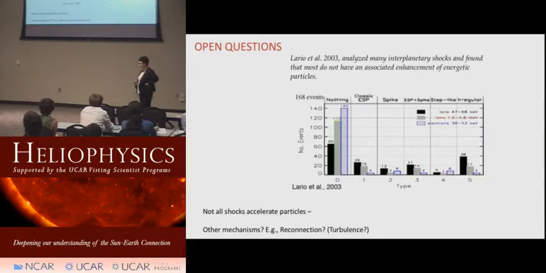Not all shocks, like the termination shock, accelerate particles. So there are people extending. The beauty of the Parker equation is that we just took a very simple Parker equation, and we derived a power law. So if you want to invoke other mechanisms like reconnection and turbulence, you need to extend the Parker equation to include those mechanisms, okay?